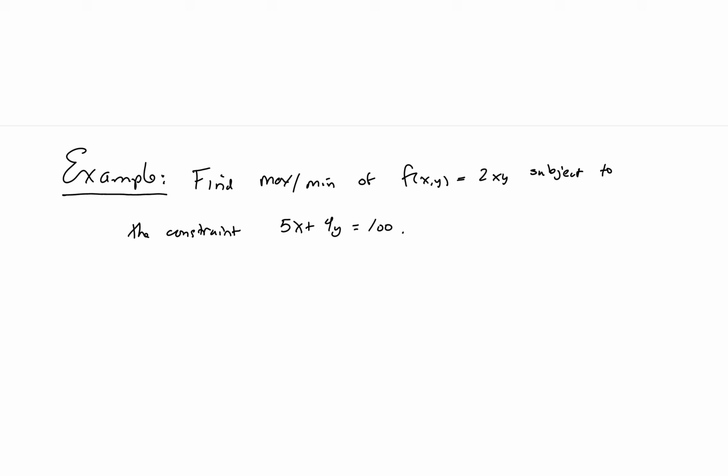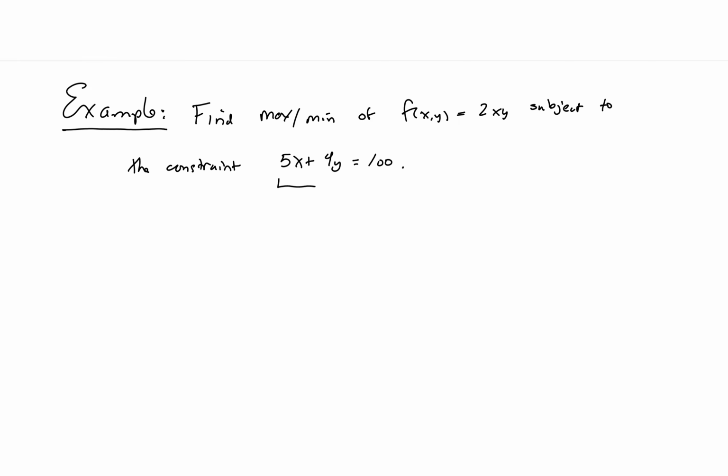We're not going to worry about an application yet. We'll see some applications in a few minutes. We'll find the maximum of the function f of x y equals 2xy, subject to the constraint that we need our x and y to lie on this line 5x plus 4y equals 100. This part here is going to be my constraint, so this is my g of x y.